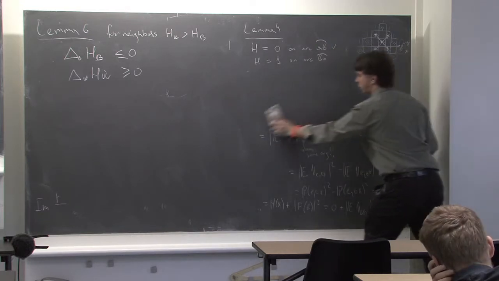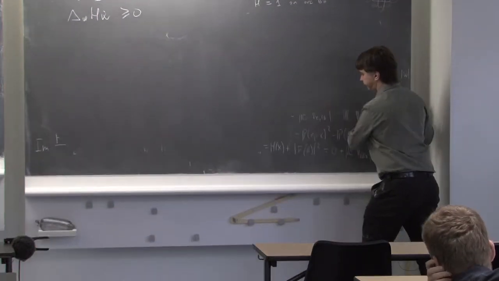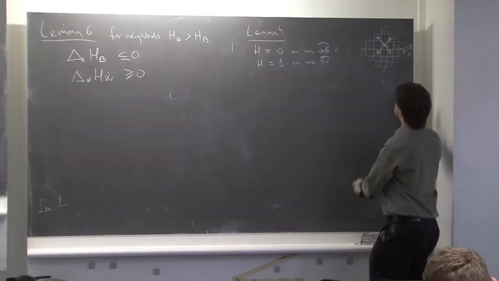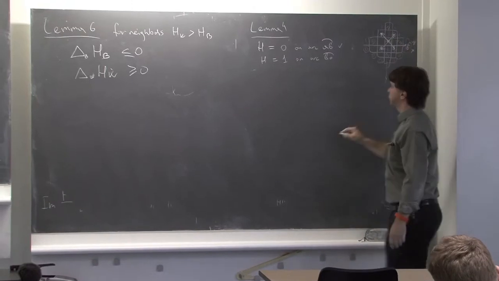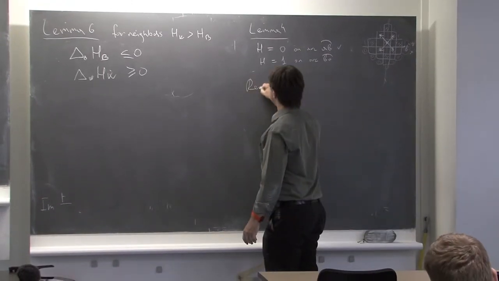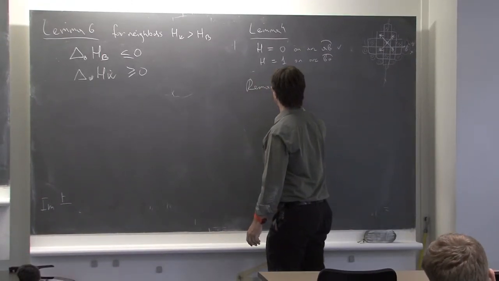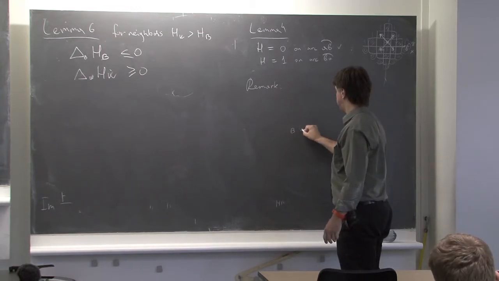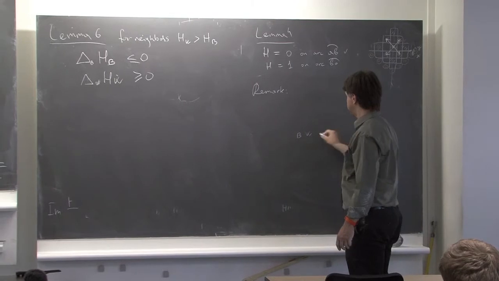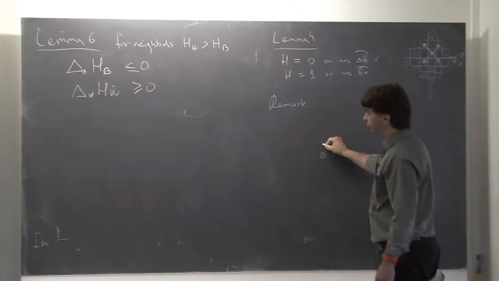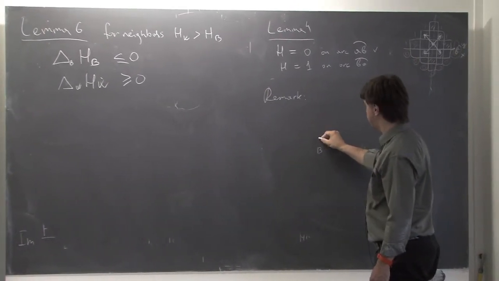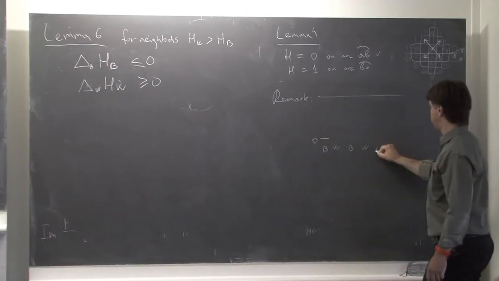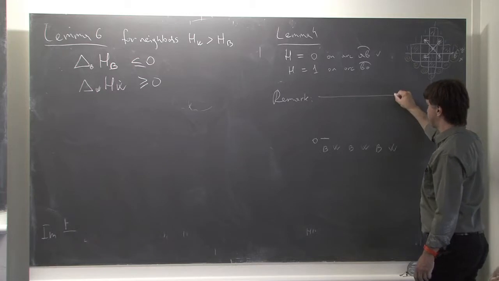So a small remark, what does it mean? Let's roughly think of a crosscut of a domain. We have black, white, black, white. We start on black, exactly at 0, and we end on white, exactly at 1.